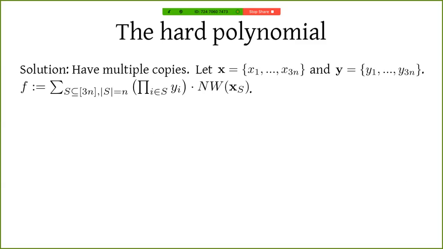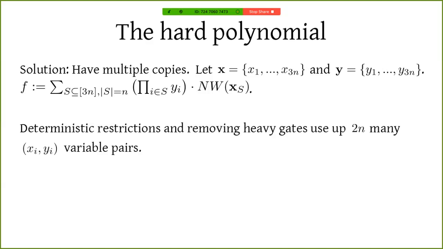The main part of our hard polynomial are these multiple copies of Nisan-Wigderson polynomial, and we use the y variables to stitch these multiple copies together. We are able to show that deterministic restrictions and removing heavy gates use up 2n many x_i y_i variable pairs. While implementing deterministic restrictions and removing heavy gates, we ensure that if a variable x_i is set to some field element, then the corresponding variable y_i is also set to some field element and vice versa.